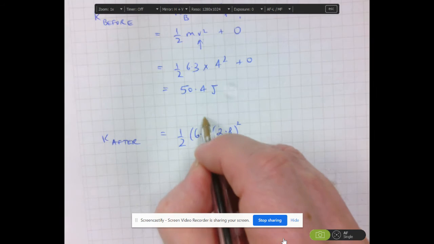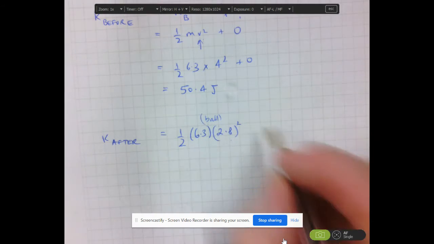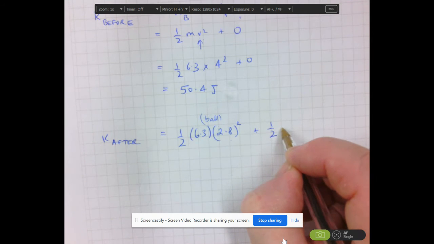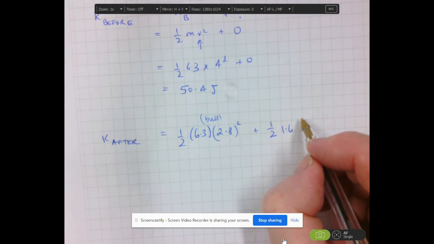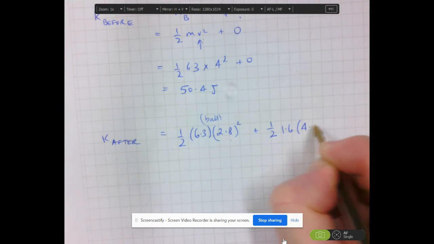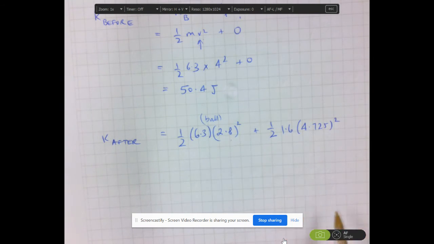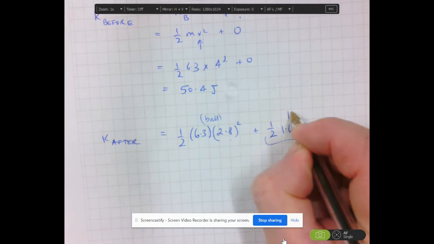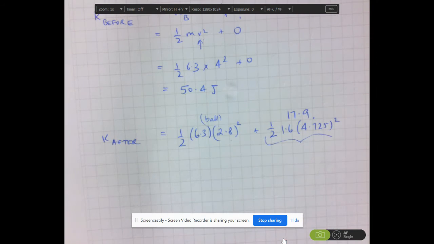So that's the ball, plus the pin. Now the pin is a half times 1.6 times the final velocity of the ball, which we got as 4.725 squared. Now we already have calculated that value. That's the work done. So that's already calculated as 17.9 joules.